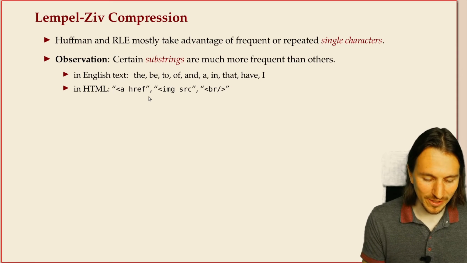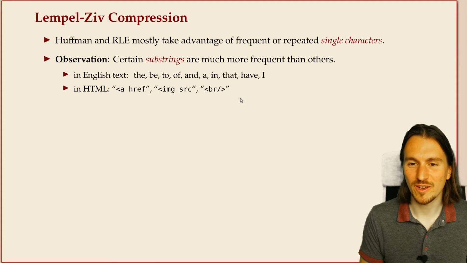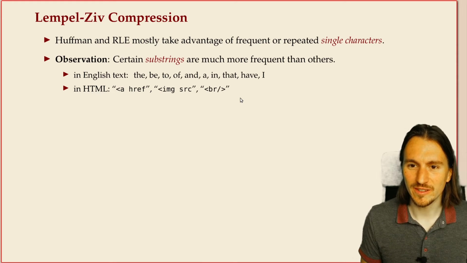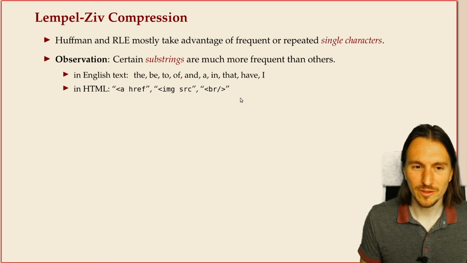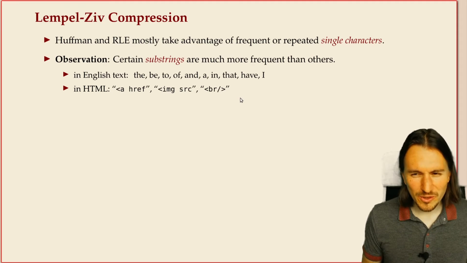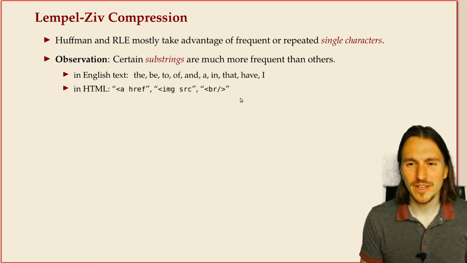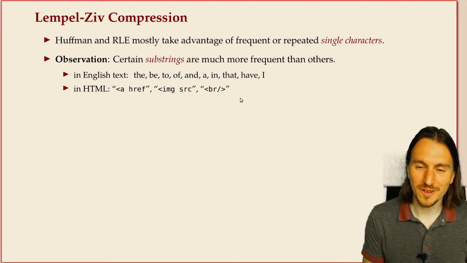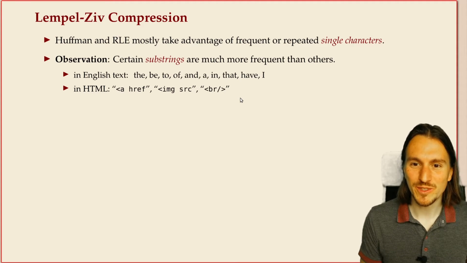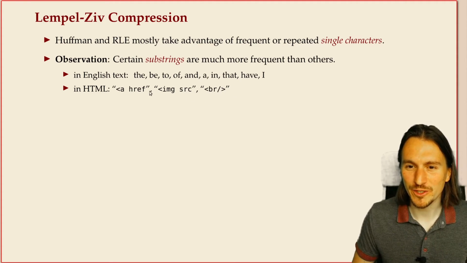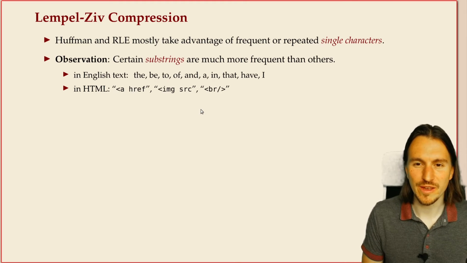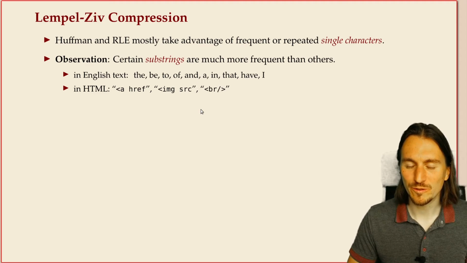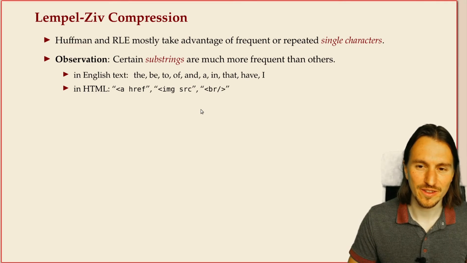Stuff like in HTML, you often see these things as combinations, and there's many, many others. And I guess you can imagine how this goes. Now you could try to put some application-specific encoding together where you give a special character for these phrases that you think occur often, or maybe you could try to find out which phrases are more frequent than others.